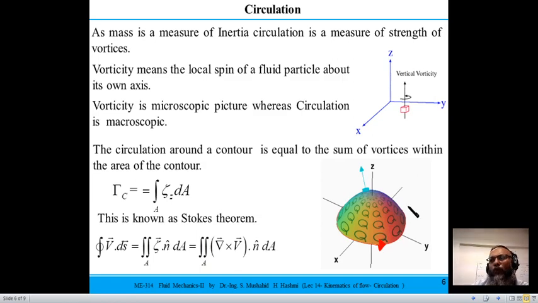The more the circulation, the more will be the strength of vortices present within the closed contour. Obviously the area is always represented by the normal, but here the circulation is represented by this closed path, shown in red at the edges, and the arrow is also red. That represents the circulation, which is the sum of the vortices present within this closed contour.